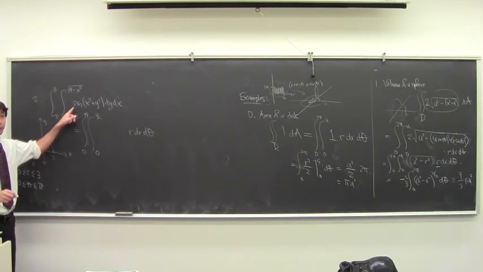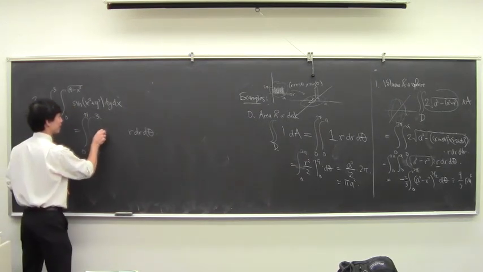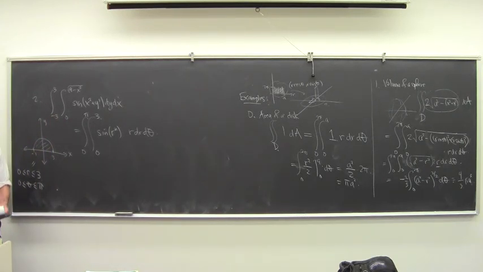And then we're integrating sine of r cosine theta squared plus r sine theta squared, in other words, sine r squared. Right, which is good.